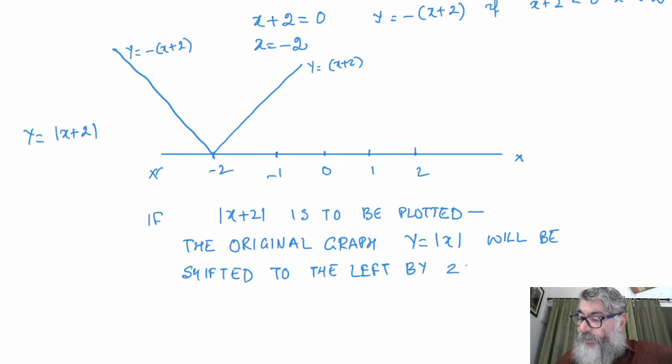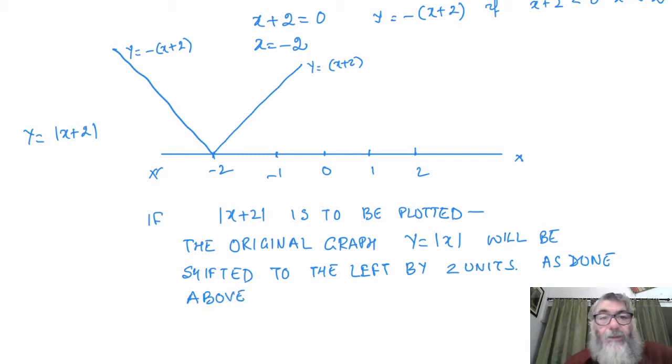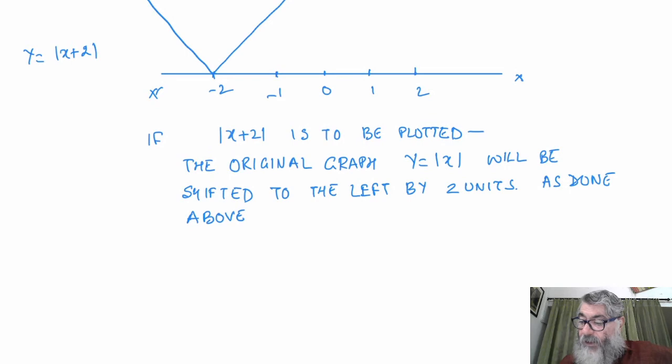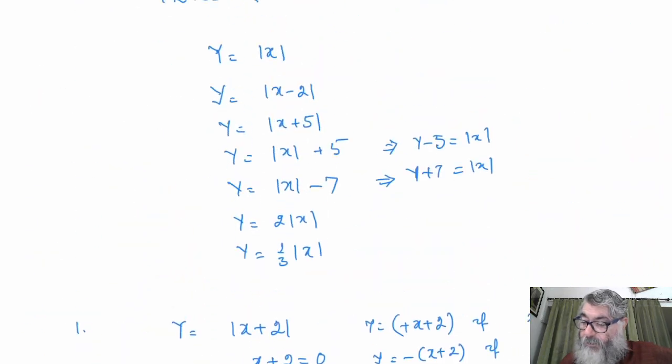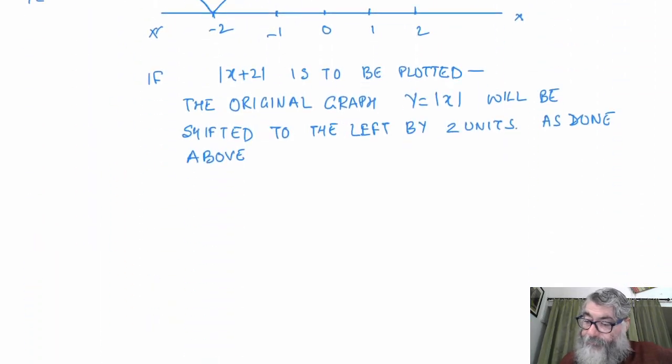Logically also you can see what we have calculated, 2 units as done above. And the equations I have written already for both the straight lines. One is y is equal to x plus 2, one is y is equal to minus x plus 2. So now suppose the next is y is equal to modulus of x minus 5.